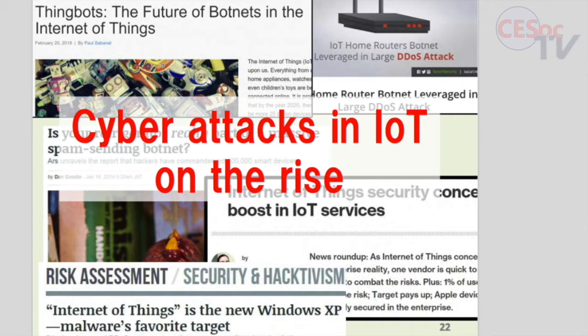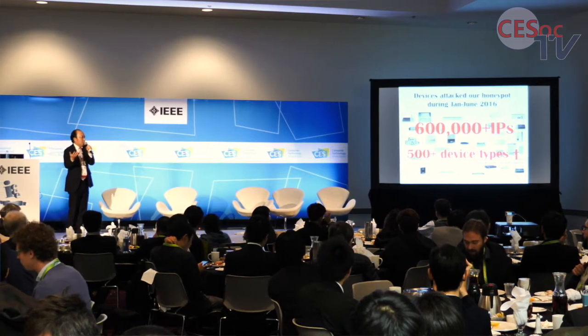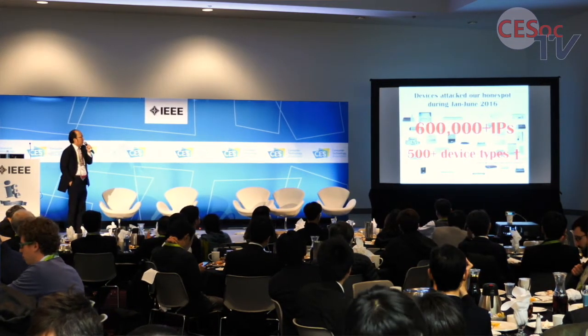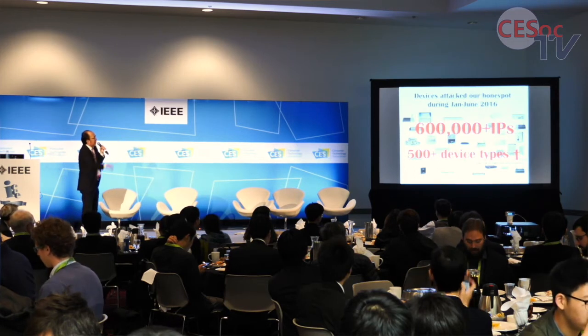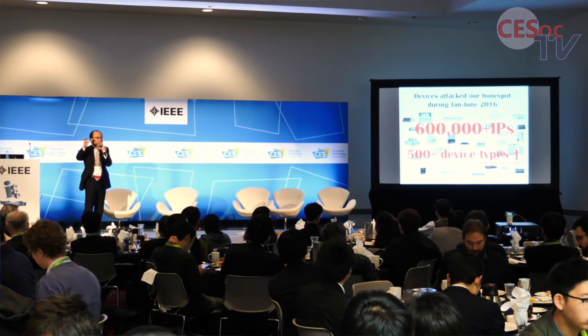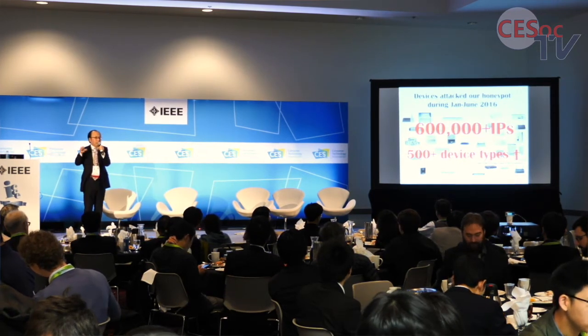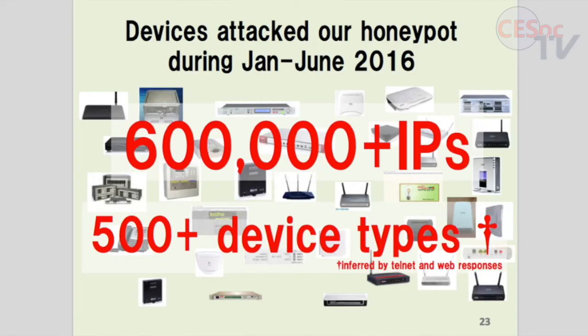But more than 600,000 IP addresses are already infected by malware, and these include more than 500 device types. So you can see the pictures here. And these pictures are not just samples. We collected the data and captured the real manufactured IoT devices and put the pictures in this slide.